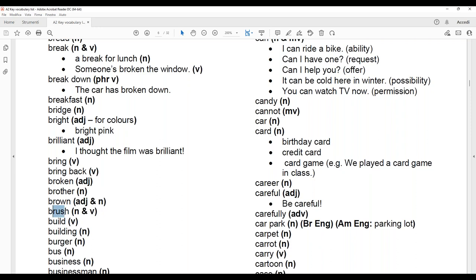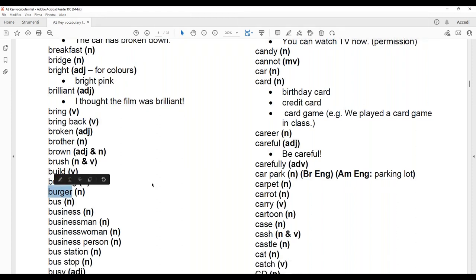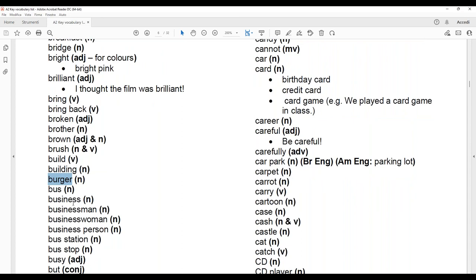Brown, marrone. Brush, spazzolino da denti, brush. Burger, un hamburger, la carne, burger. Businessman, businesswoman, business person. Careful, careful, attento, be careful, stai attento, be careful.